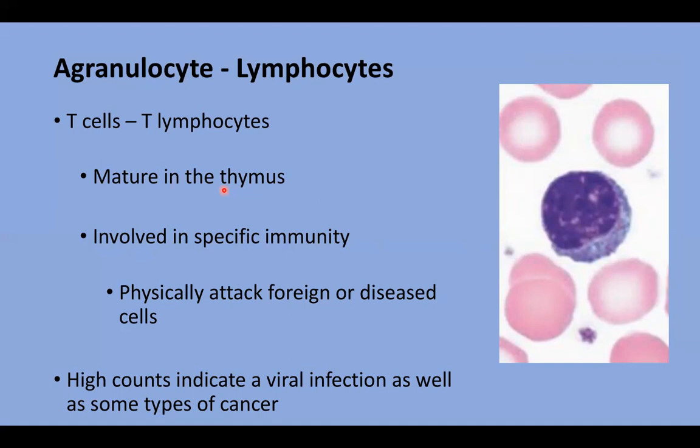So we'll go into this in a little bit more detail when we get there. But it's important that you know what we're learning right now as we are learning about these particular white blood cells. So if you go to the doctor and they take your blood and they look at the individual white blood cell counts, and you have a high level of lymphocytes in your circulation, it is a good indication that you have some sort of viral infection, because that is what these lymphocytes are going to be involved in combating.